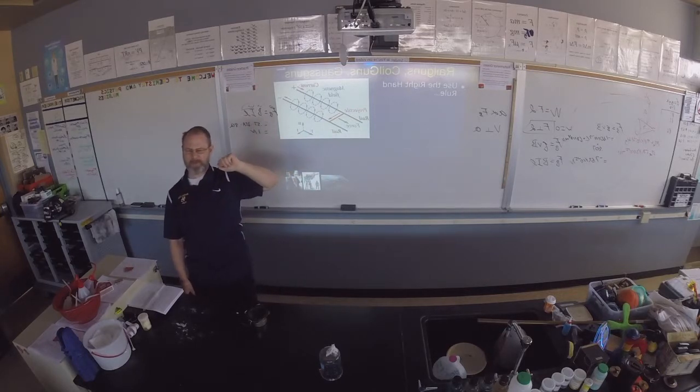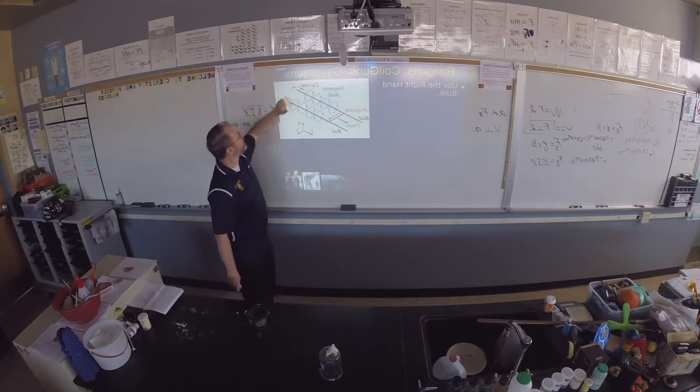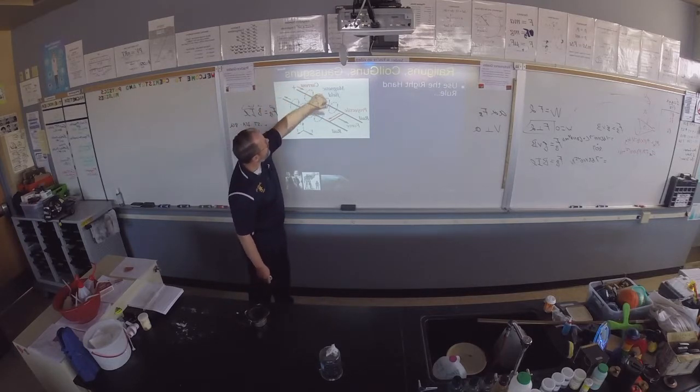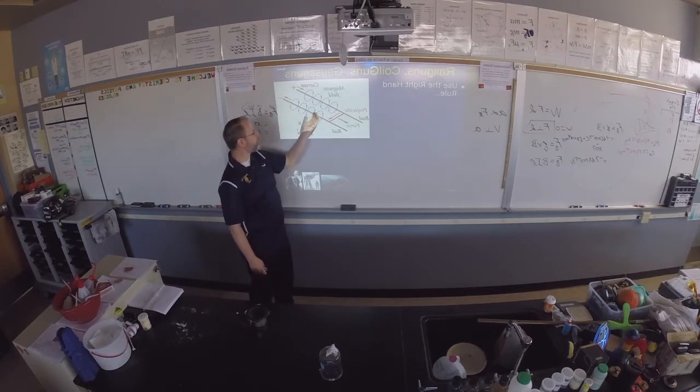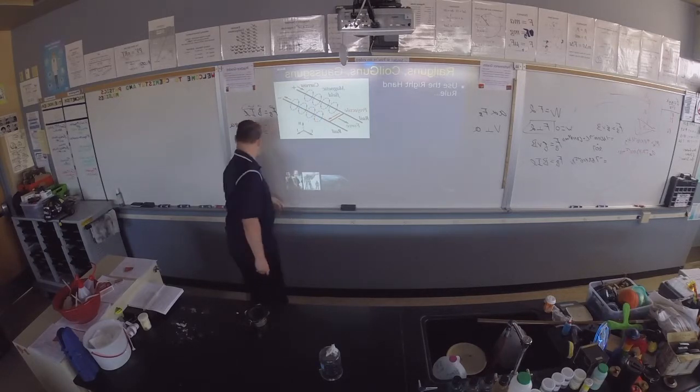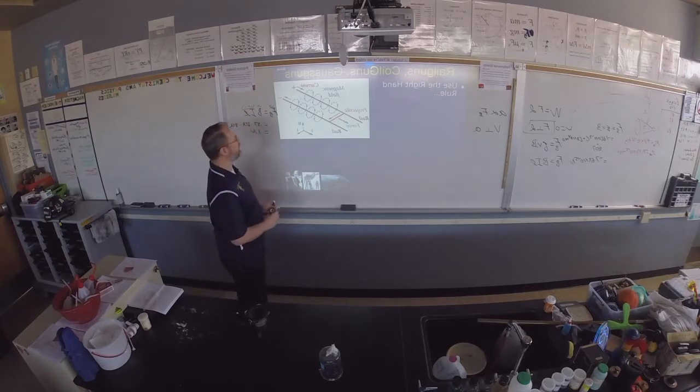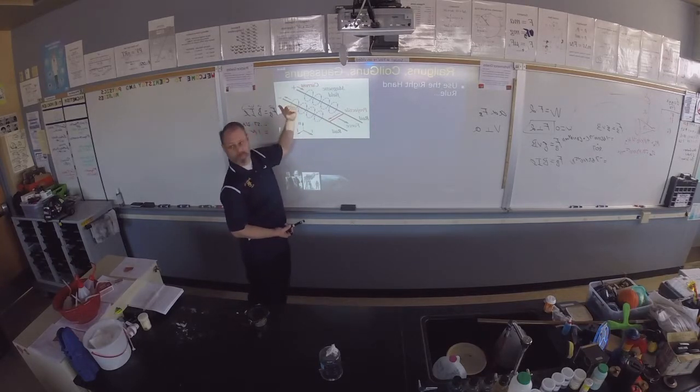Can you see that a little bit in your mind's eye? So current goes down the rail, it spins around the rail this way, up the rail this way, spins around the rail this way, and the magnetic field between the coils is out of the plane, if you will. That produces a magnetic force on this current carrying thing.